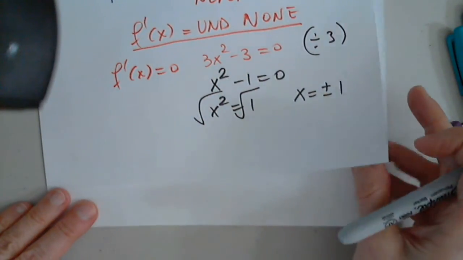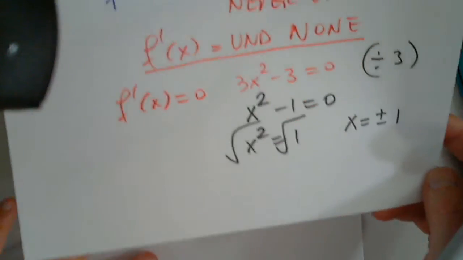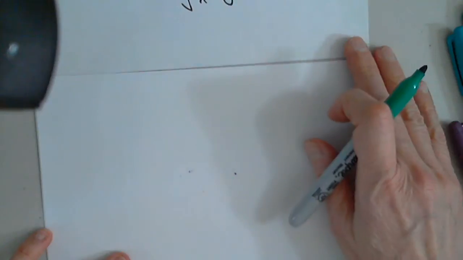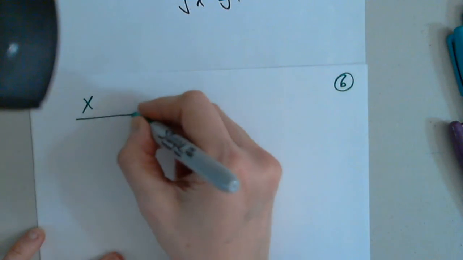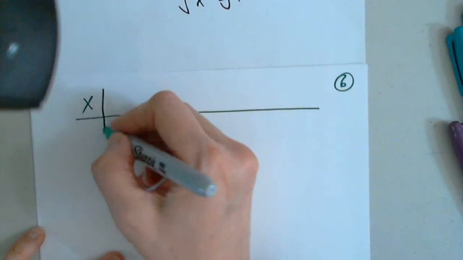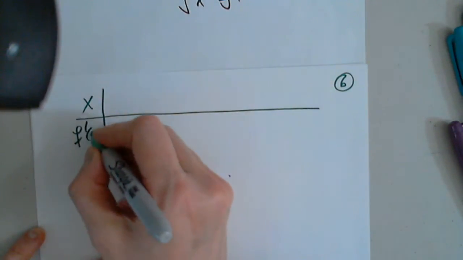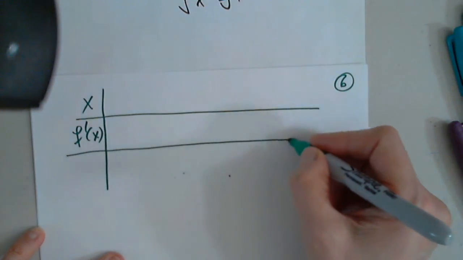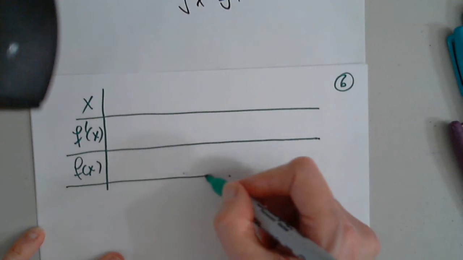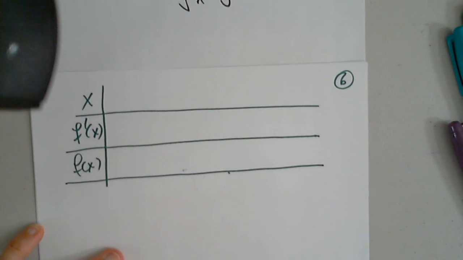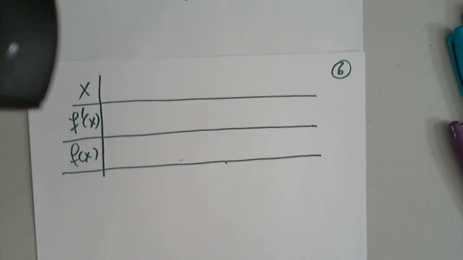So now I'm going to kindly ask you to get used to the following table. It's an extremely important table. X, f prime is the next row, f of x is the next row, and we will add another row to this table. Again, what is the domain of this function?